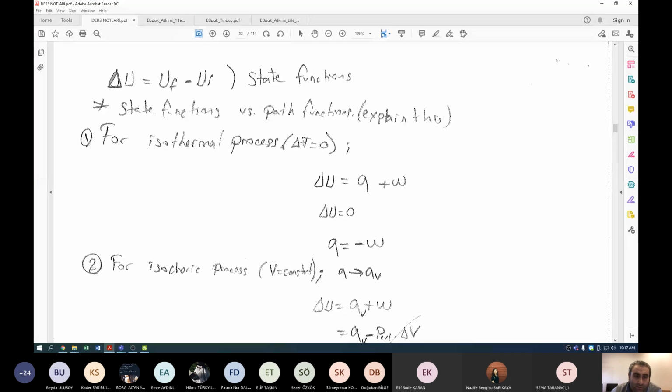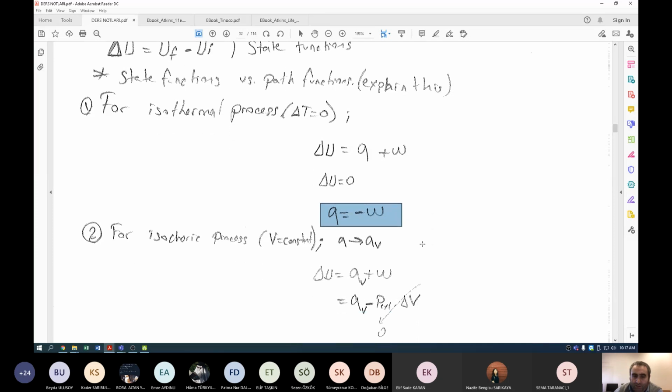So for isothermal processes, which means the delta T is 0. Whenever we see an equation Q plus W, we put delta U as 0 because delta U is only a function of delta T. Then Q must be minus W, and minus W we know is equal to P times dV.